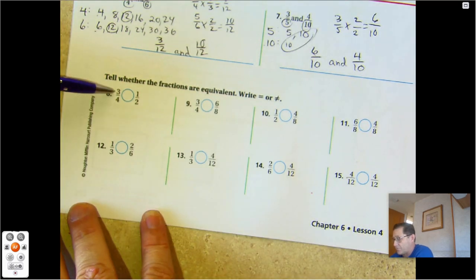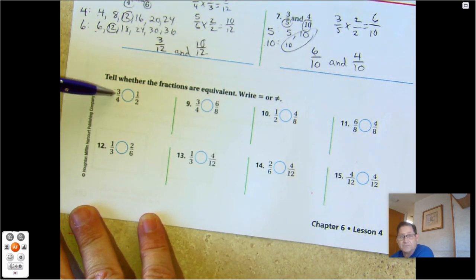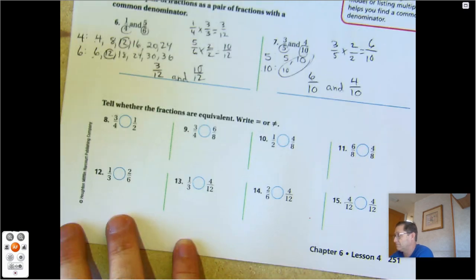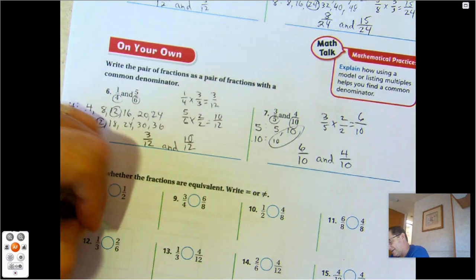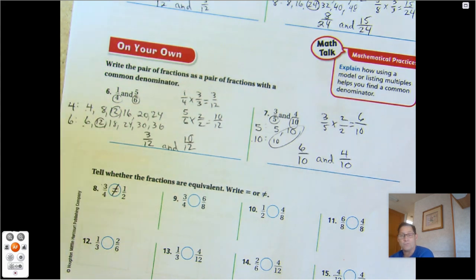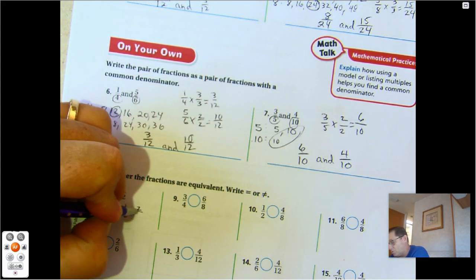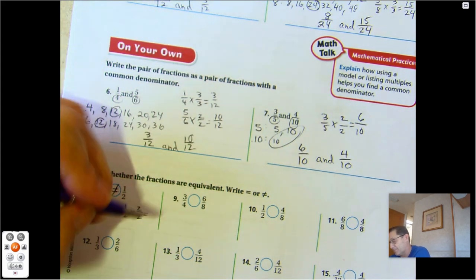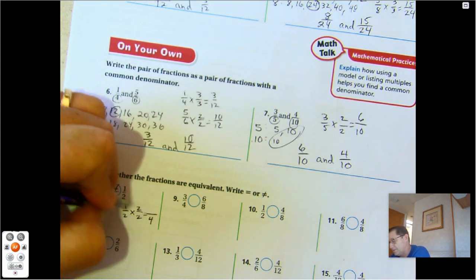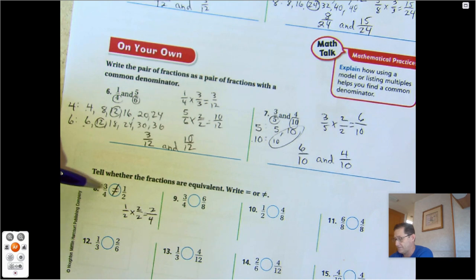Well, 3 is not a factor of 4, so that's in simplest form. 1/2 is in simplest form. They don't match. Okay, so that's not equal. If you wanted to prove it, we can go 1/2 times 2 over 2 to make it into fourths. 2 times 2 is 4. 2 times 1 is 2. 3/4 is not 2/4.